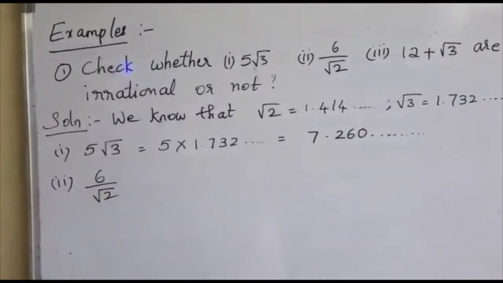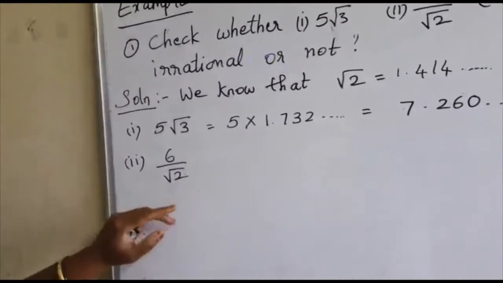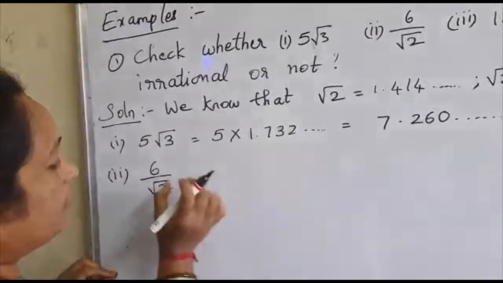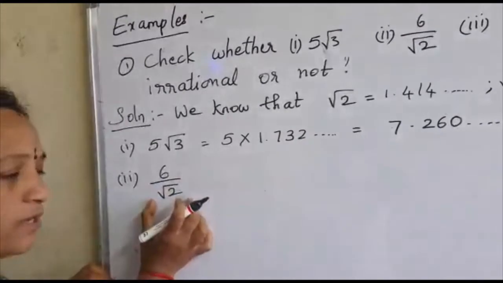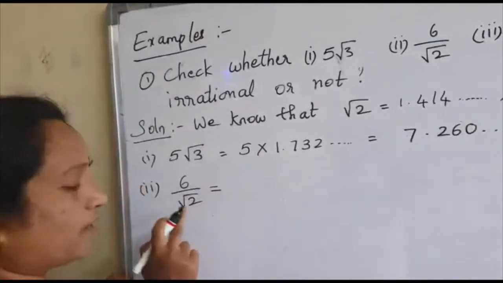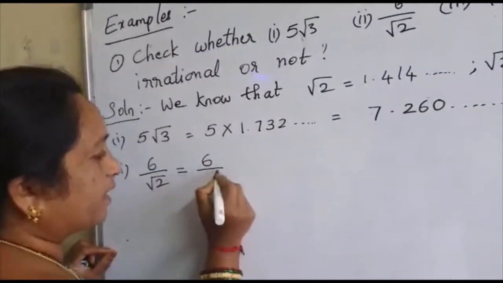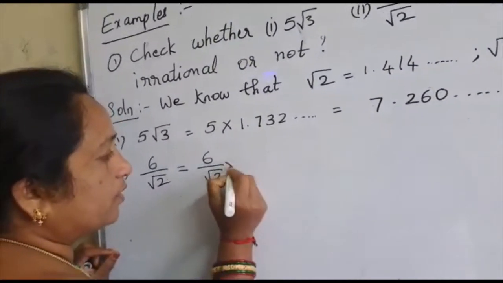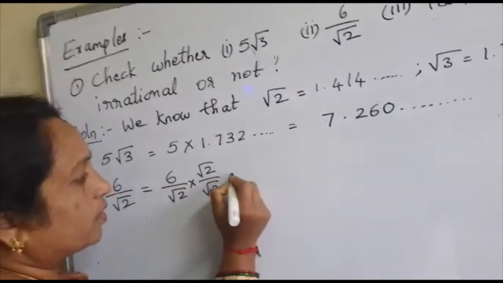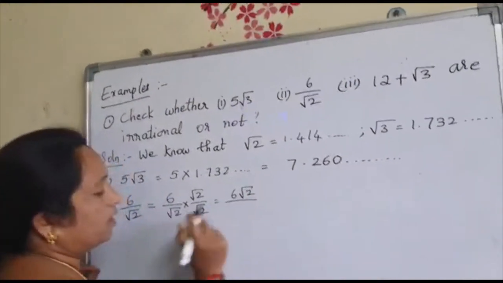Now let us go for the second question, 6 by root 2. Here we have an irrational number in the denominator. In order to do this problem, we are not supposed to have an irrational number in the denominator. So let us convert that denominator to a rational number by multiplying and dividing both with root 2. So you will get 6 root 2 by 2.